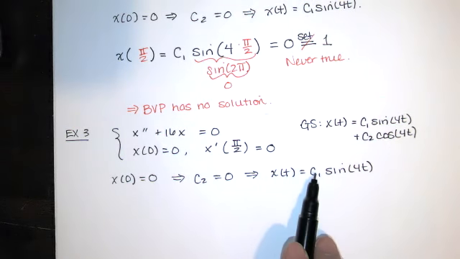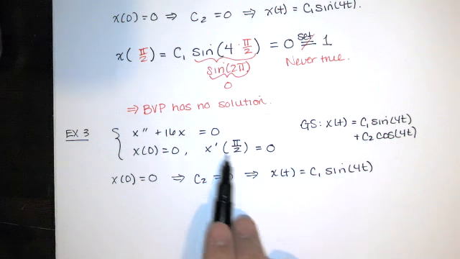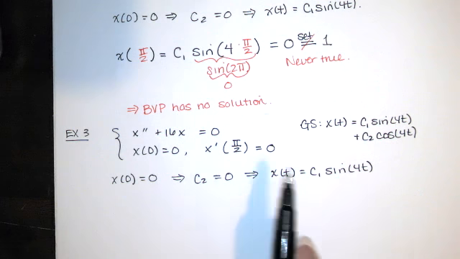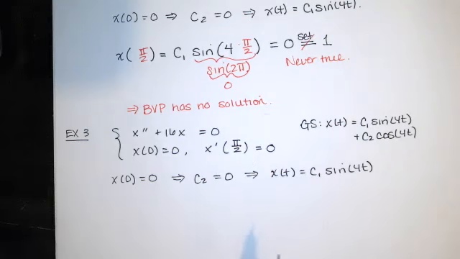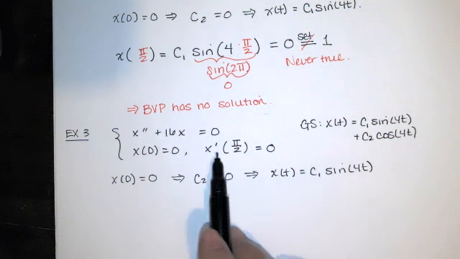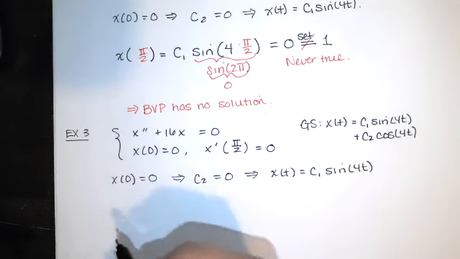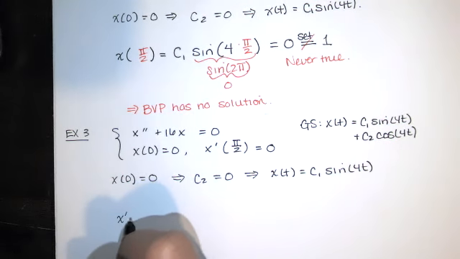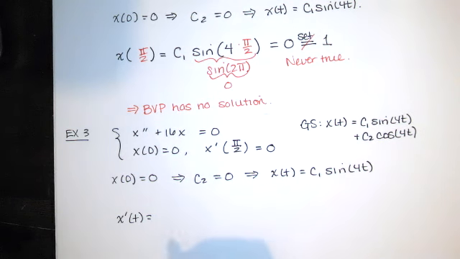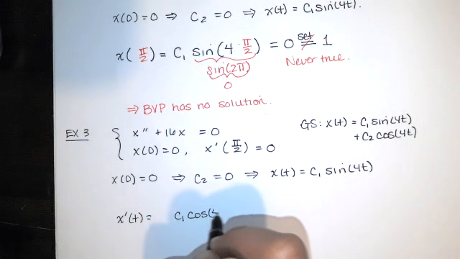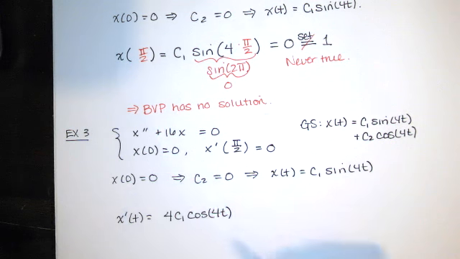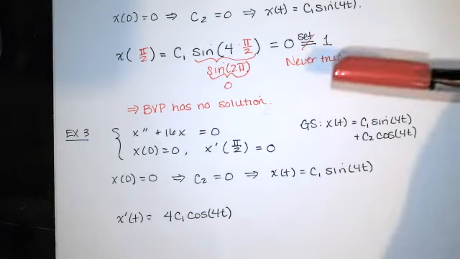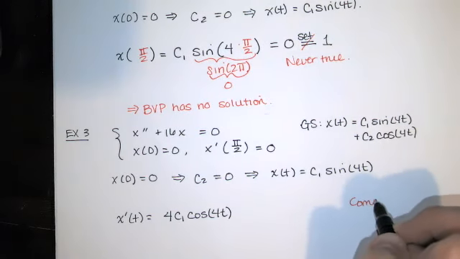Now, in order to find the value of that constant, we can try to use this second condition. And maybe that will get us a value for C1, maybe it won't. We'll see. So in order to do that, I need to take the derivative of this. The derivative of sine of 4t is cosine of 4t times the derivative of the inside, which is 4. So you're computing that first derivative.